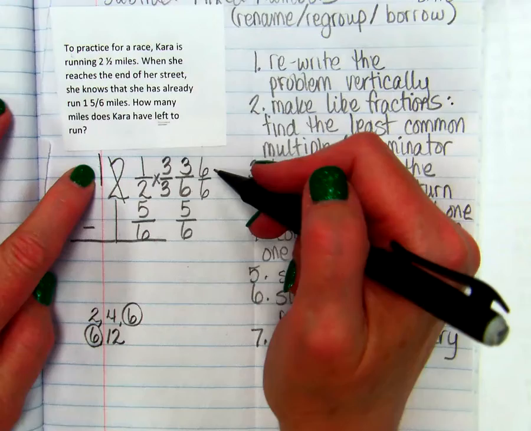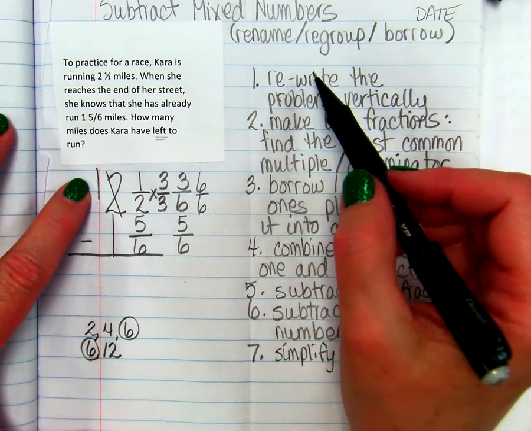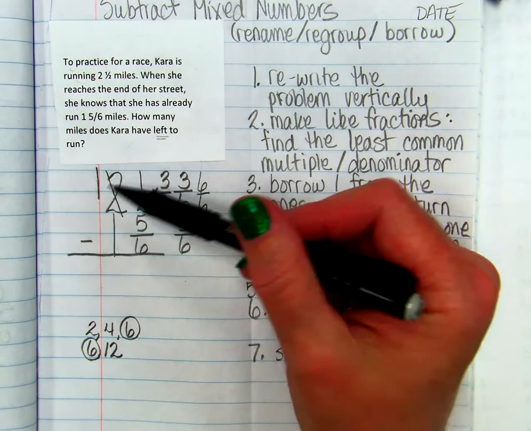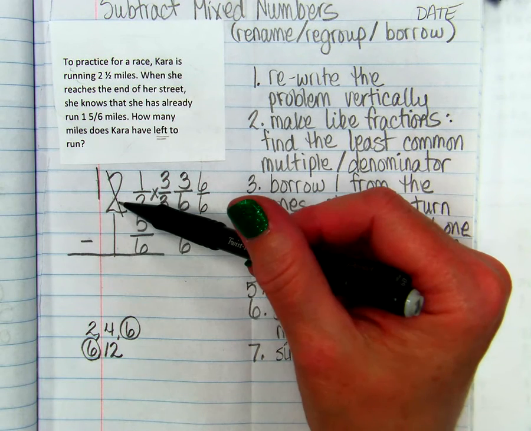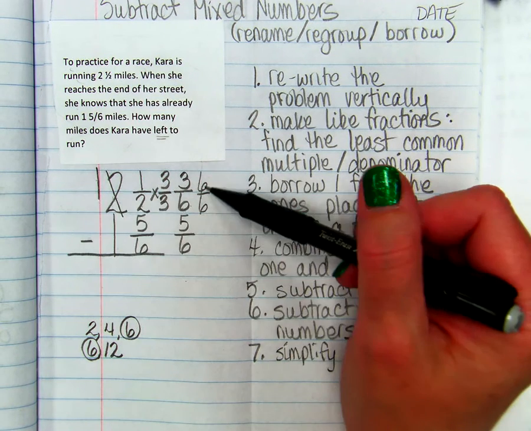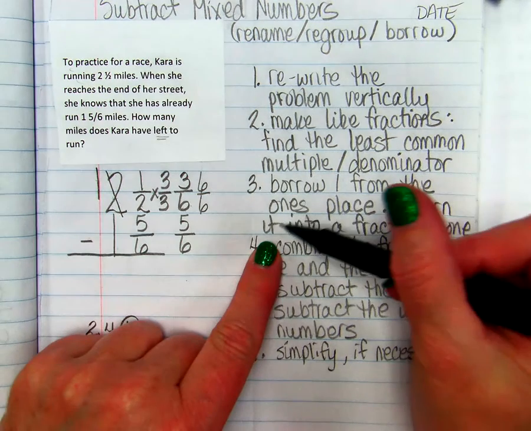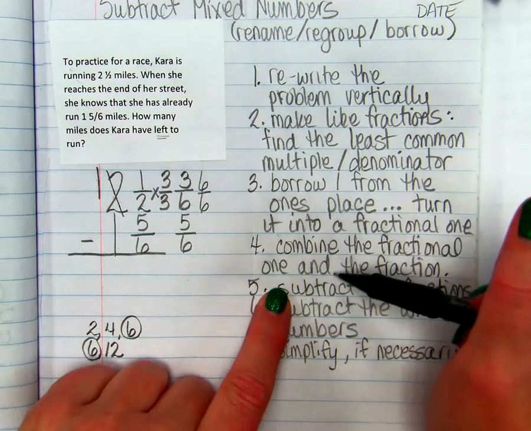So this is where Miss Cruzy says, I usually say borrow. I think most of you have grown up saying let's regroup. Okay? But we are taking 1 whole and we're renaming it and we're calling it 6/6 now. That's turn it into a fractional 1. Number 4, we're going to combine the fractional 1 and the fraction.